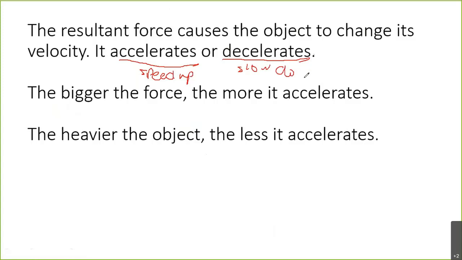The bigger the force, the more it accelerates. The heavier the object, the less it accelerates. So Newton's law gives us a relationship between three variables: the force, the mass, and the acceleration of an object.